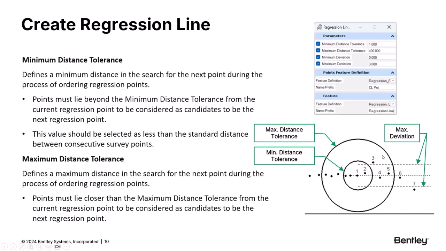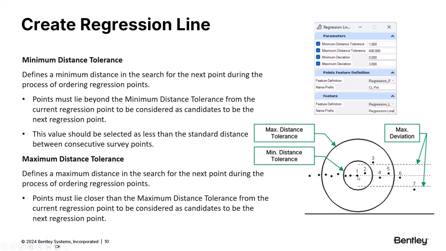If you look at my little diagram here, there's some circles drawn, some regression points, and the max deviation called out. This relates to the regression points that I'm showing and these parameters shown in the regression dialog box here. The minimum distance tolerance is represented by this smaller circle here.